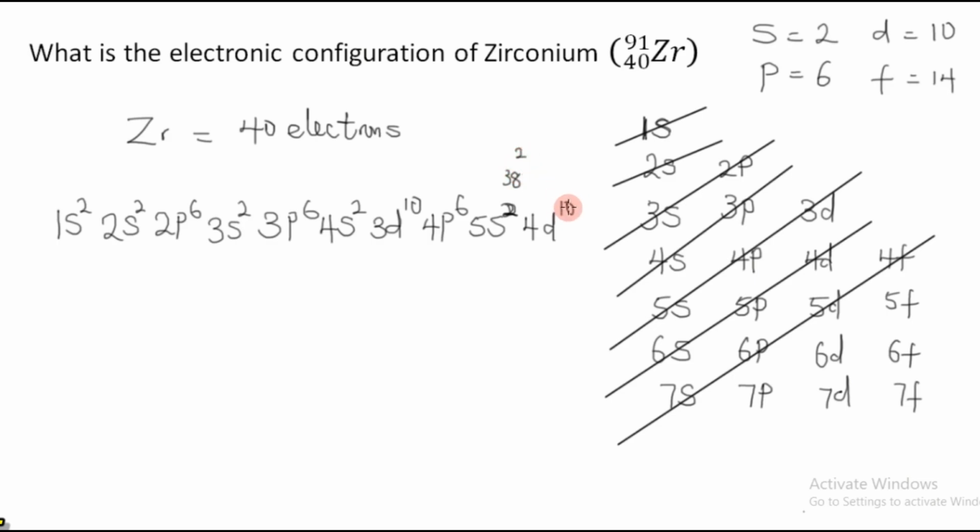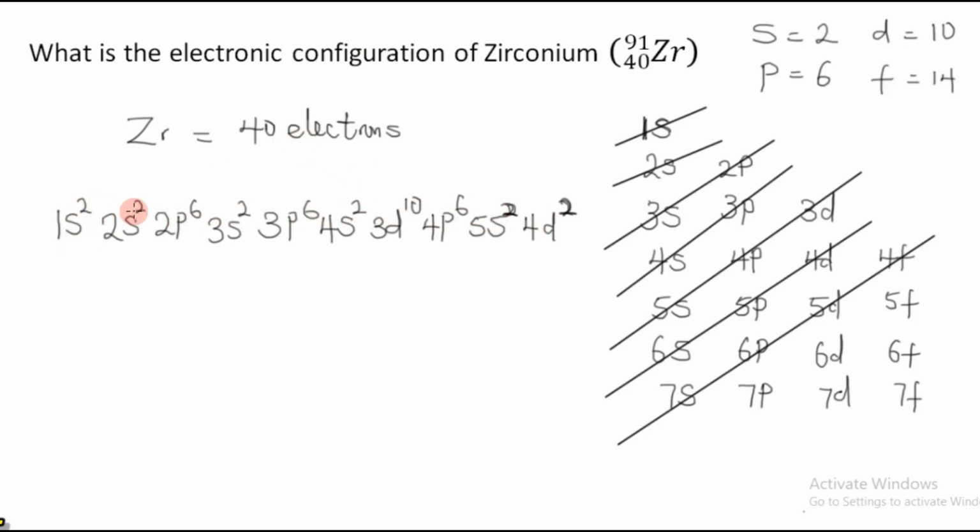So this would no longer be 4d10, but because we have only 2 electrons remaining, we fill those 2 electrons into that part. So that will give us what? 4d2. So if I calculate all this, it is equal to 40.